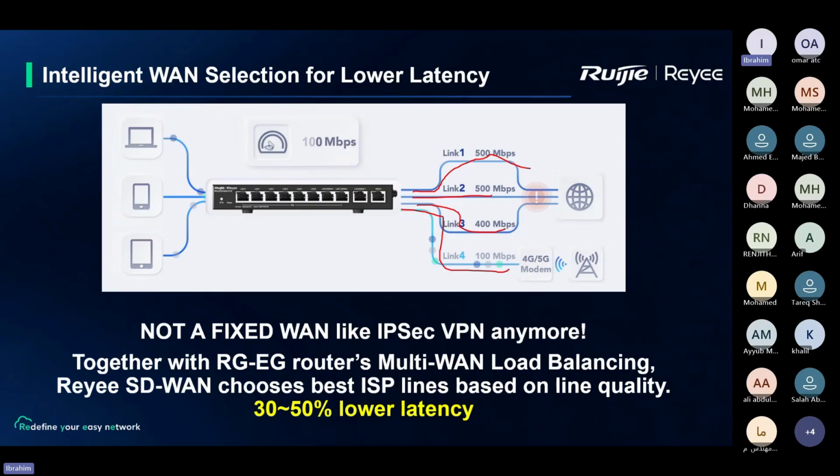If it's low, it can shift automatically to another line. So this will make the latency very, very low. For example, for CCTV or voice traffic, the latency will be very low, and this will improve the user experience. He will like this solution because there is no latency and the speed is very good. So this is very important, and this value doesn't exist in the traditional VPN.